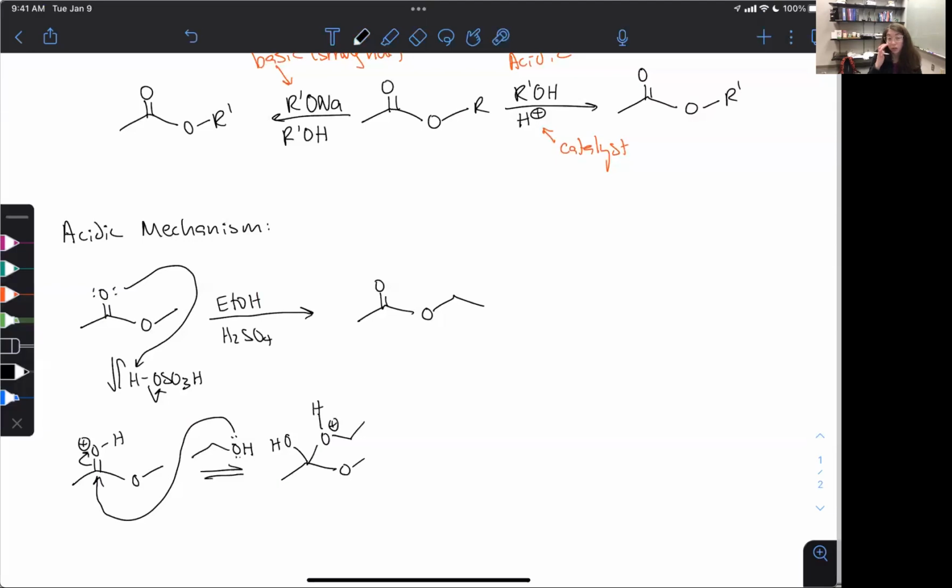Again, we're going to have to do a little bit of proton shuffling essentially to make sure that that isn't our best leaving group. We want this to be what leaves. So we can have another molecule of our alcohol come in, deprotonate that.